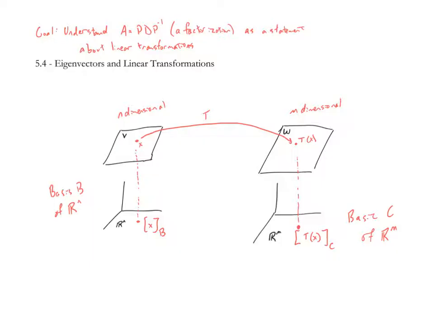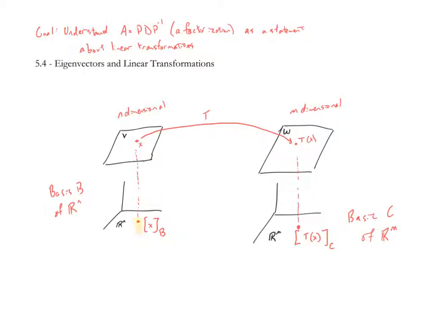Now, if we want a matrix associated with T, we can choose a basis B of Rn and a basis C of Rm for those two different vector spaces V and W. And then introduce the concept of coordinate vectors. So now I'm dropping down into my XYZ plane, but not really XYZ.